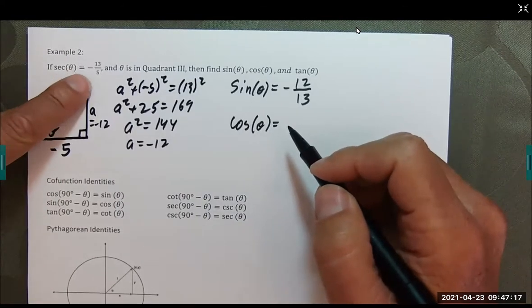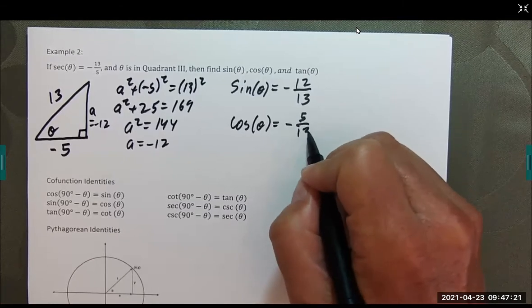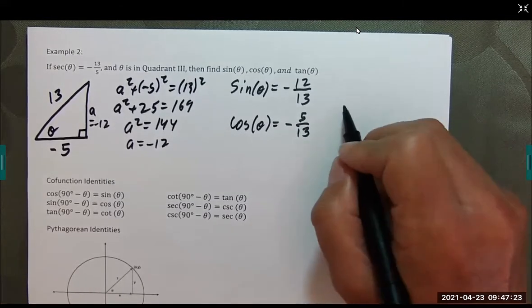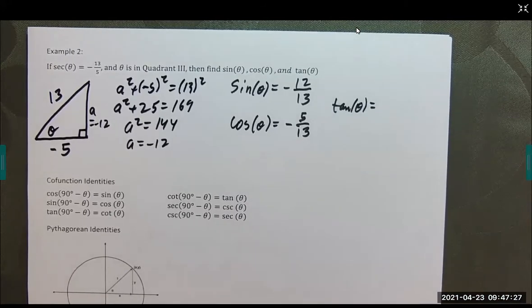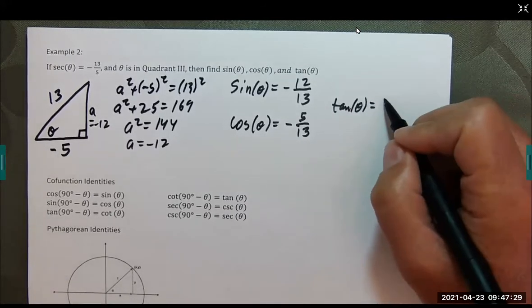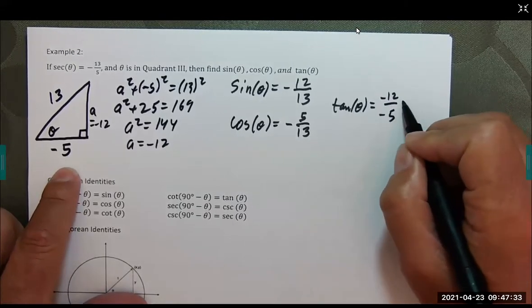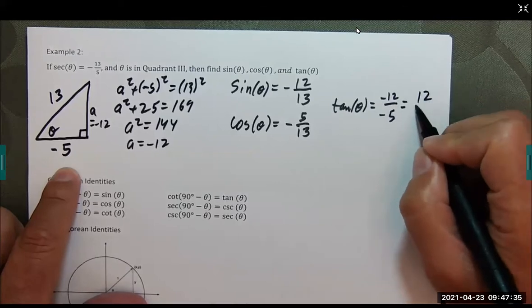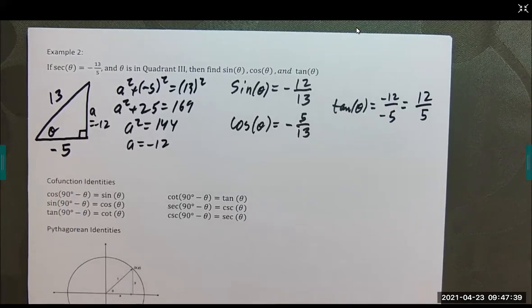It's also the reciprocal of secant, so we get the same conclusion, -5 over 13. Then the tangent of theta is the opposite, so that's -12 over the adjacent, which is -5, and a negative divided by a negative is a positive. So that's how we can find all three of those.